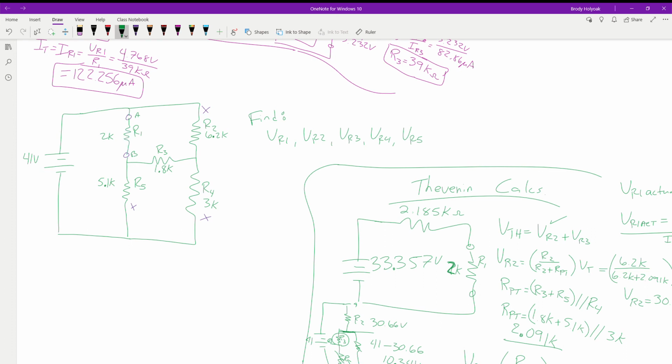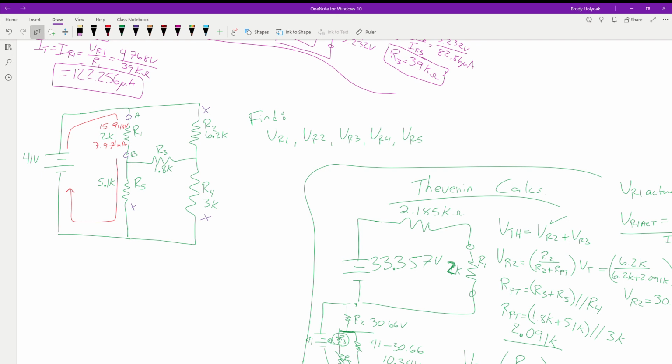We add R1 back, and we put in the voltage. So 15.943 volts at 7.971 milliamps. Now we can go through and solve this guy. So our first Kirchhoff loop, we're going to come up, we're going to go down, through here, and back up.